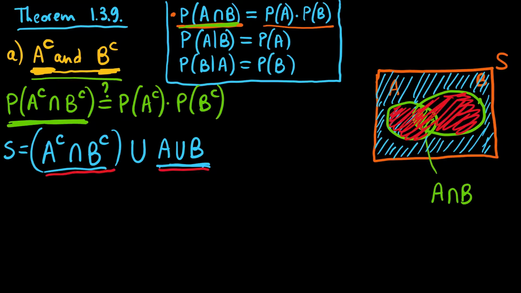So we got two disjoint sets, and by axiom 3, the probability of their union must equal the sum of the individual probabilities.